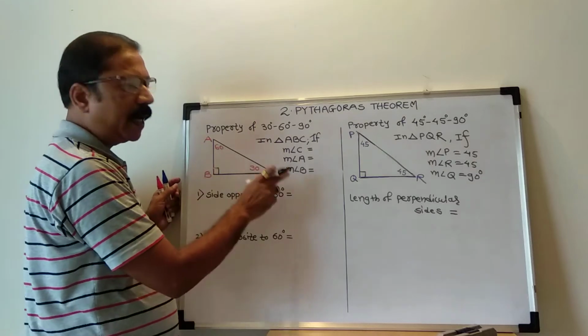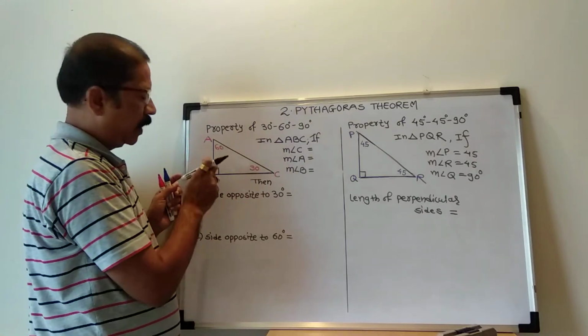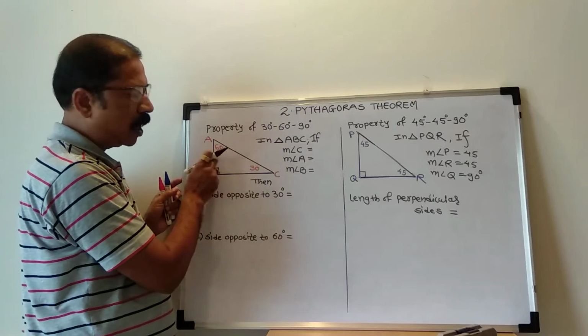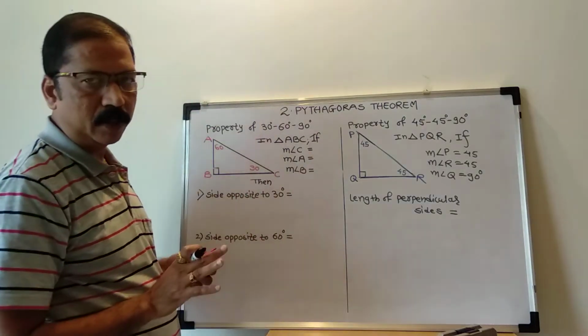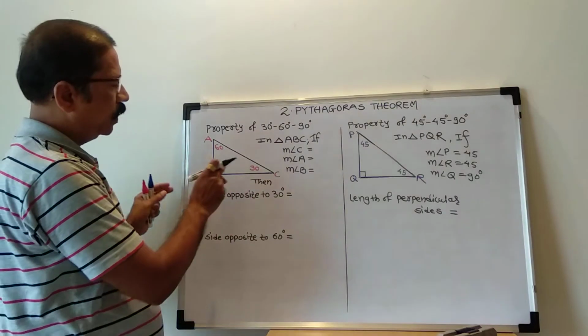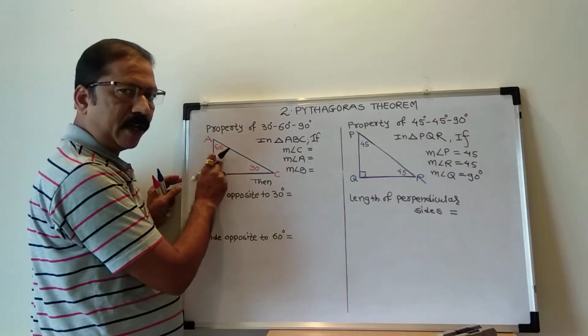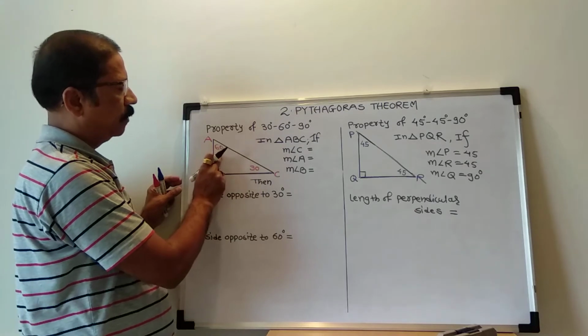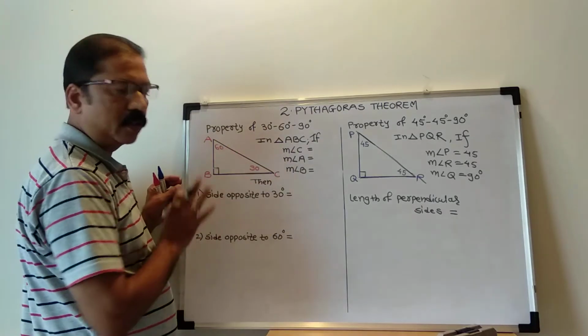So, in any right angle triangle, except the right angle, the remaining two angles are always acute angles. And if the measure of acute angles in any right angle triangle are 30 degree and 60 degree, then we have to use this property.